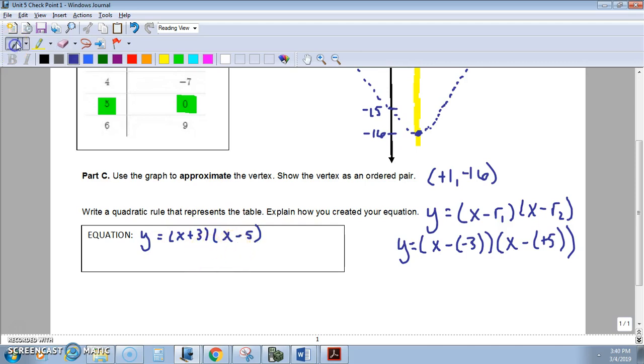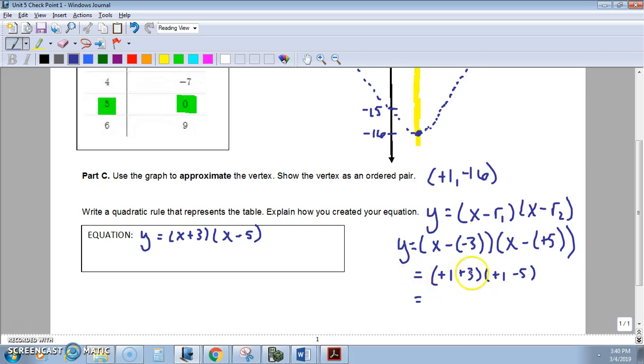Now, just to make sure that we're not multiplying this equation by anything, to make sure that it's just going to be a normal equation, which we'll get into later, but I'll show you. We know another point. We know our vertices. So let's just check this: if we enter in +1 for x in both x's, if we input +1, our output needs to be -16.